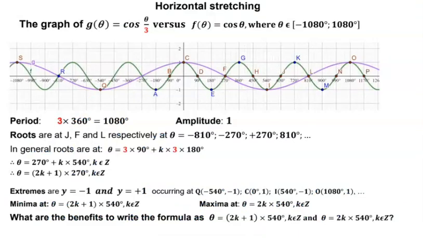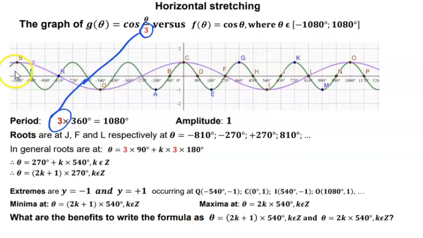On this page you can find a neat summary of how to do a horizontal stretching, and make sure that you know the relationship between the 3 here and the 3 there. If I divide the theta by 3, it means it takes longer for the thetas to get to the values that we need.